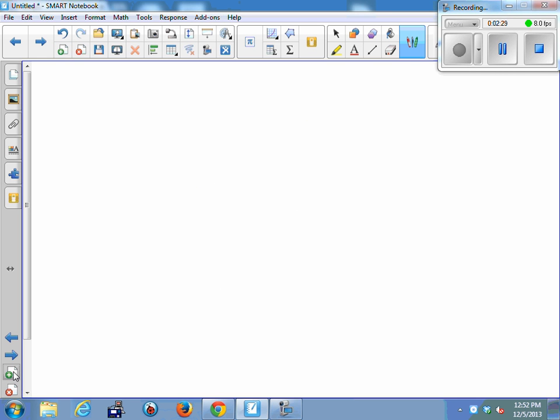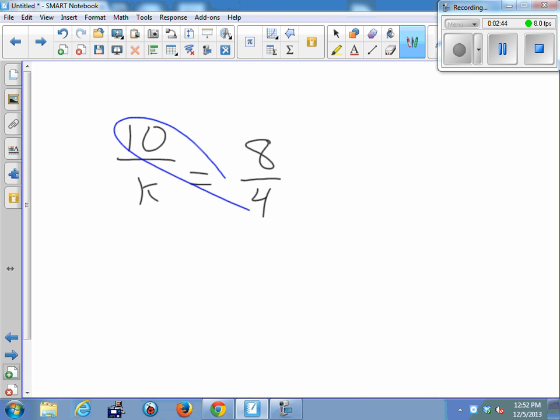So we're going to do the same kind of thing with some of these, but now we're going to have a variable in there. I'm going to give you 10 over k equals 8 over 4. So we're looking for a number k that will make it true. The way that we do this is we're going to cross multiply these two. 10 times 4 equals, and if it's going to be a similar ratio, those two are going to be the same, then it has to equal 8 times k.